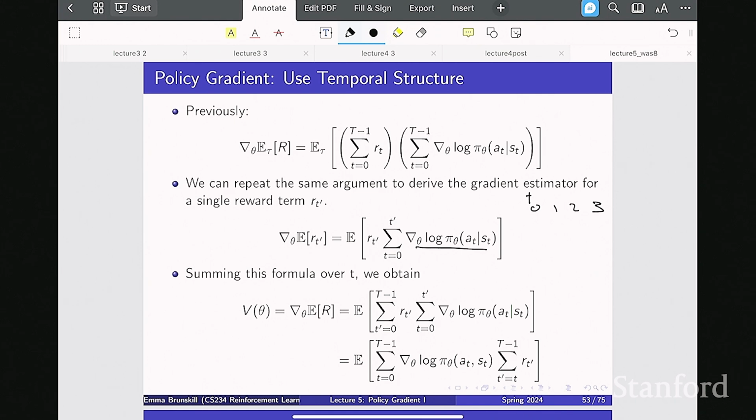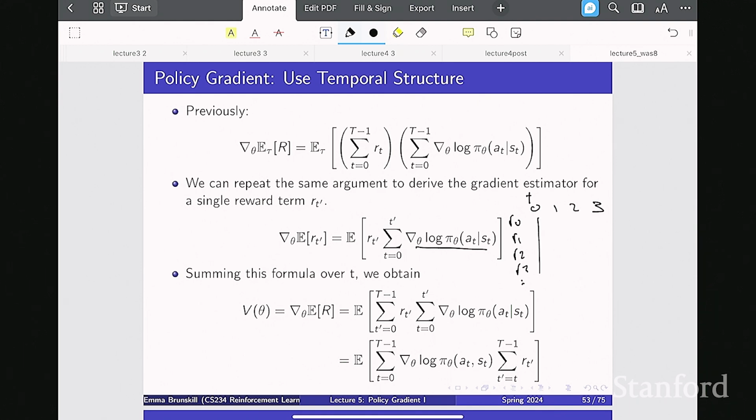So the score function at time step 0 is going to appear for R0, R1, R2, R3, and so on. That's what I've just done here. This first term is going to appear with the reward function of all of the subsequent time points, because that decision happened, and then we got a reward, and then we got a whole bunch of rewards later.